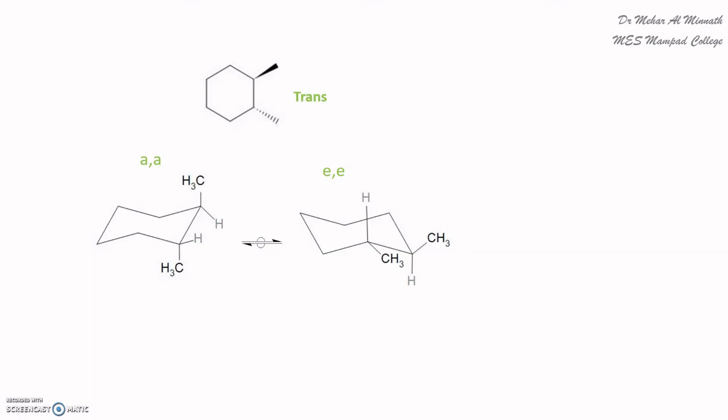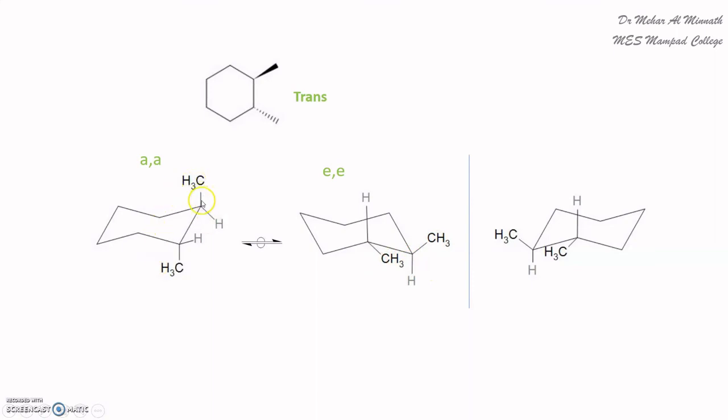Now these are the two possibilities for the trans form. Now if we take the mirror image of the EE form, you get it like this. Now we know that energetically the EE form will be more stable because both the substituents are in the equatorial orientation.